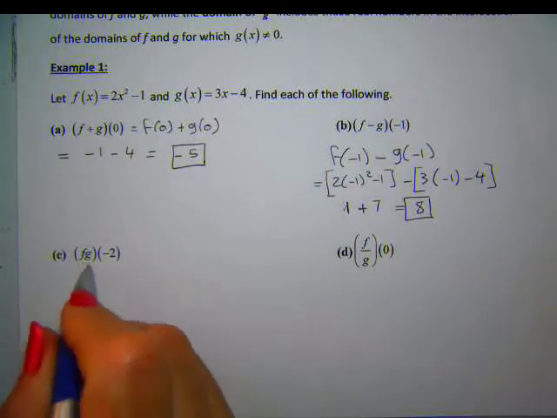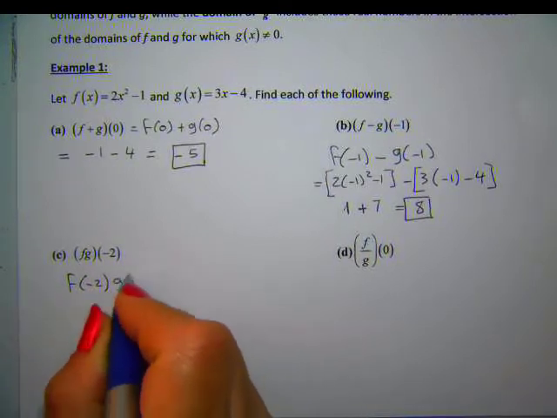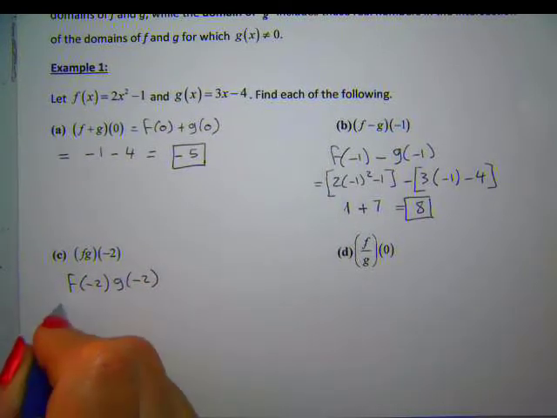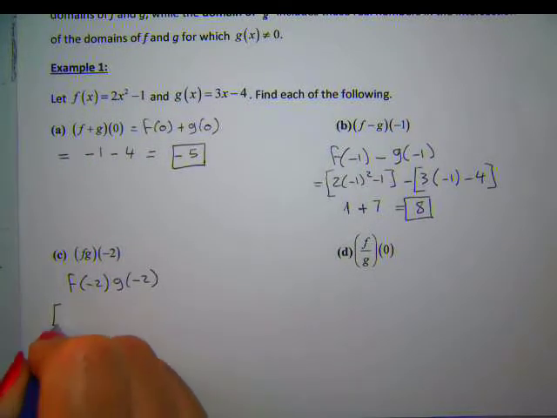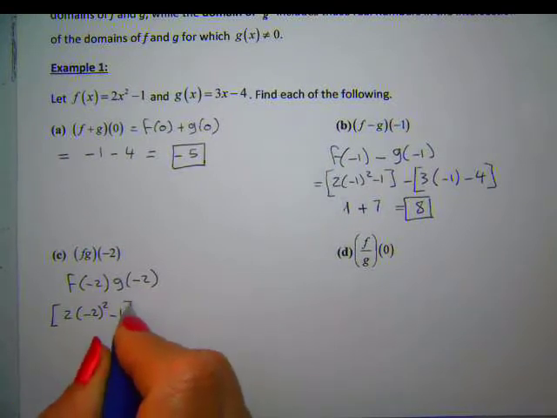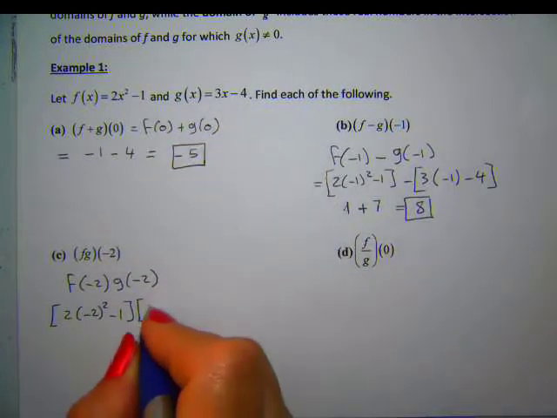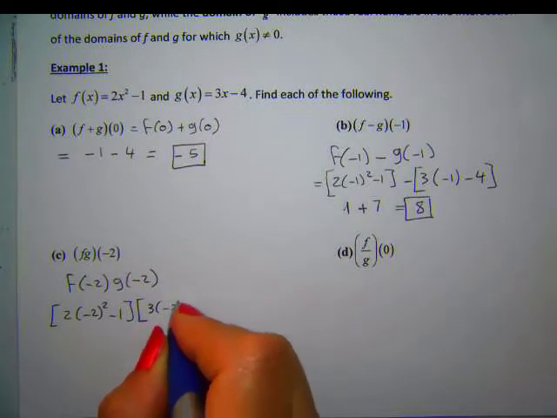How about the product? This by definition is f of negative 2 multiplied by g of negative 2. What is f of negative 2? That is 2 times negative 2 squared minus 1, multiplied by g of negative 2, which is 3 times negative 2 minus 4.